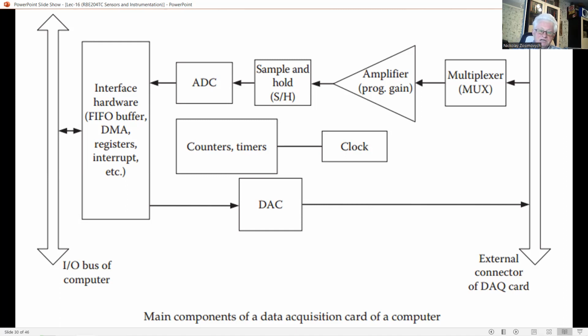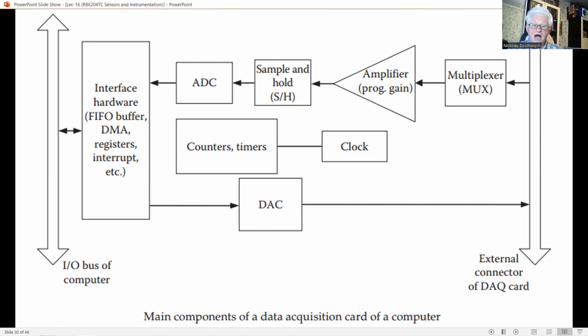As discussed in a later section, the S/H samples the analog signal and maintains its value at the sample level until the conversion by the ADC is complete. The buffer element stores the ADC output until it is accessed by the computer for digital processing.